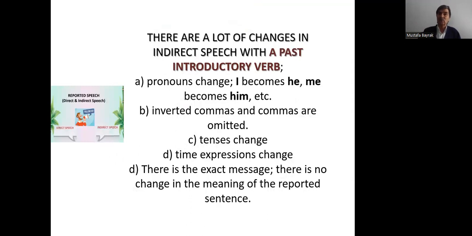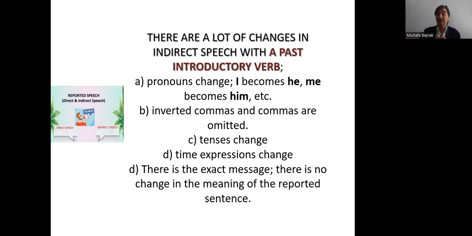But when it comes to reported speech with a past introductory verb, there are a lot of changes in the indirect speech. For example, again, pronouns change. I becomes he or she, me becomes him or her. The inverted commas and normal commas are omitted.